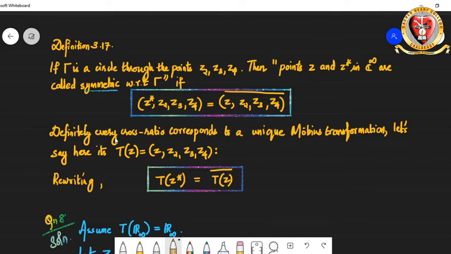And suppose in our case, T of Z is the Mobius transformation which is equal to the quadruple Z, Z2, Z3, Z4, which is the cross ratio. So definitely the condition for the symmetricity of 2 points with respect to gamma can be rewritten as T of Z star in the LHS is equal to, in the RHS we have the conjugate of T of Z. Okay.